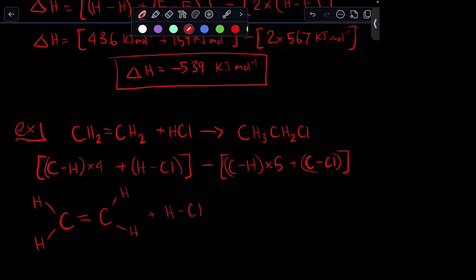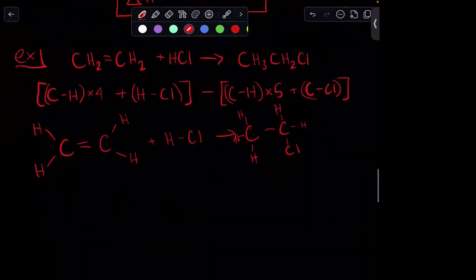HCl is as follows, and those react to make CH3, which once again, it's written as the bonds. Single bond, which is assumed as there is no bond written, CH2Cl.